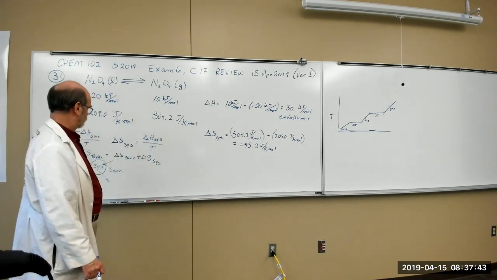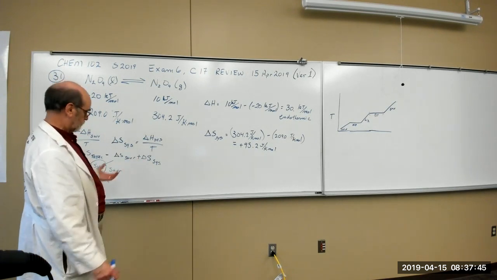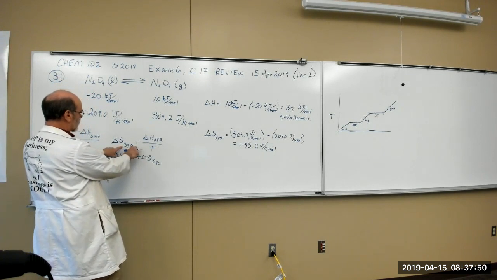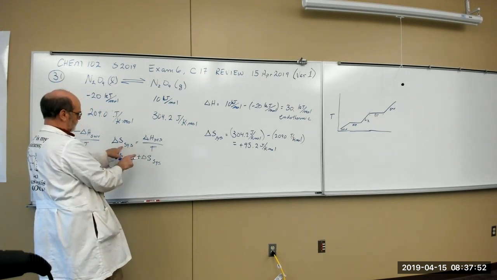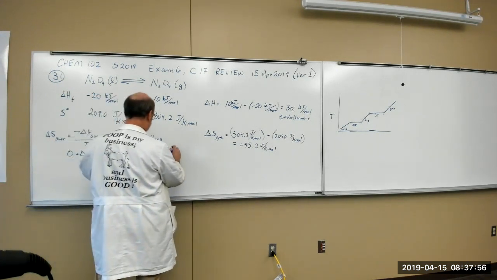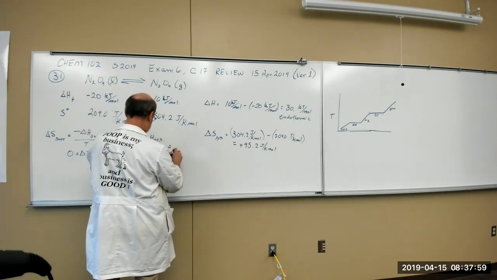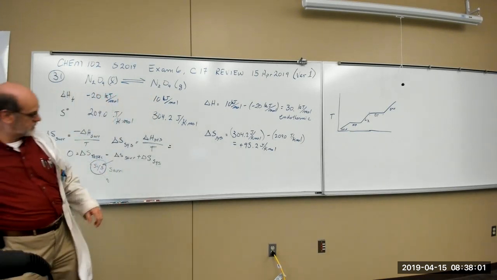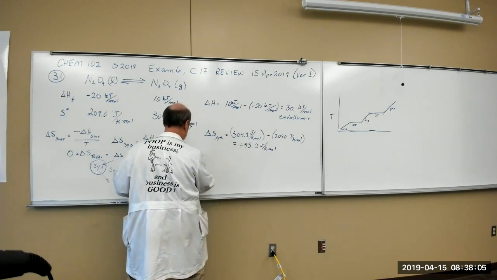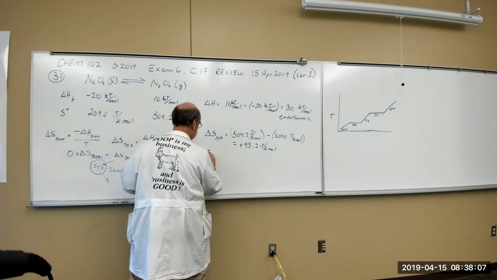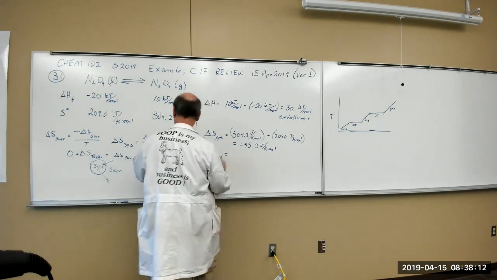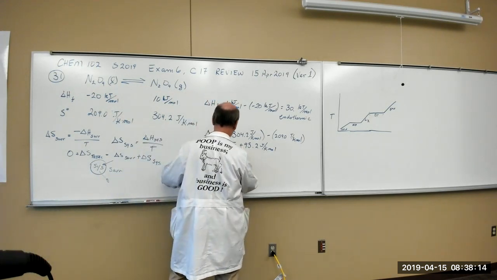So back to our problem then. We'll use this one because we want to know what the temperature of the liquid is while it's boiling. So we're just going to put our numbers in and solve for the temperature. So temperature will equal the change in enthalpy divided by the change in entropy, equals 30.